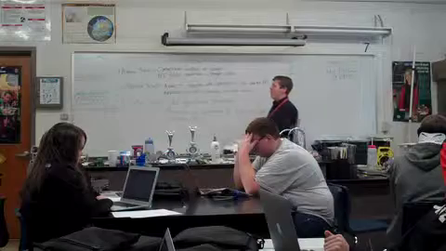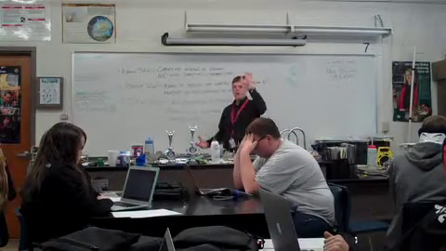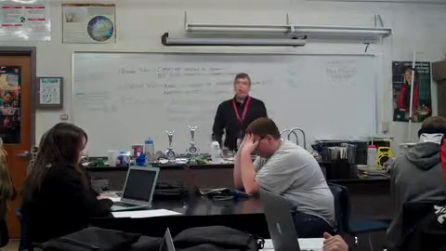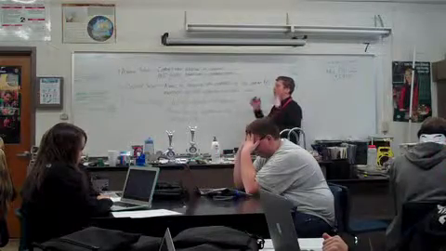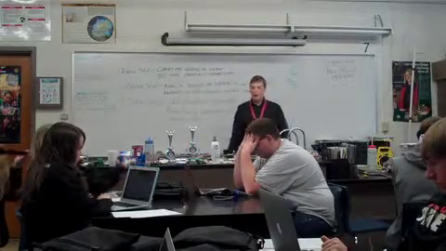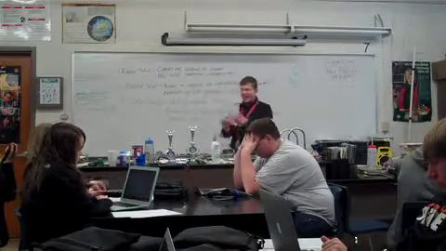We want to balance out those charges so that the overall charge of the compound is 0. Now, this particular worksheet, we're only going to be working with single element ions. With single element ions, you won't have to worry about the polyatomic ones yet. I'll have another lesson later about polyatomic ions.